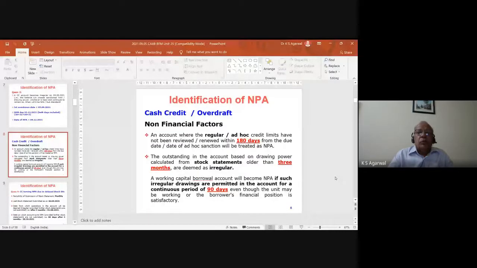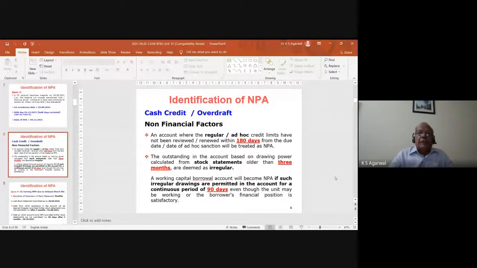Besides these financial factors, there are two non-financial reasons also due to which a CC account or an OD account can become NPA. We all know that CC account limits are sanctioned for 1 year normally. These are regular CC limits. They are sanctioned for 1 year.